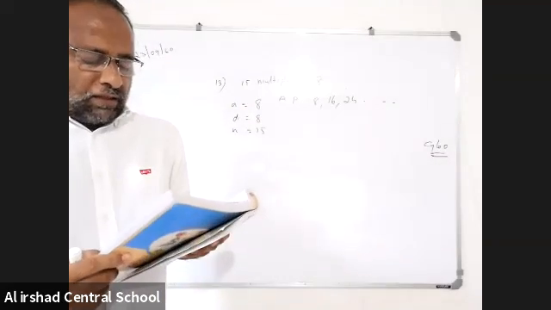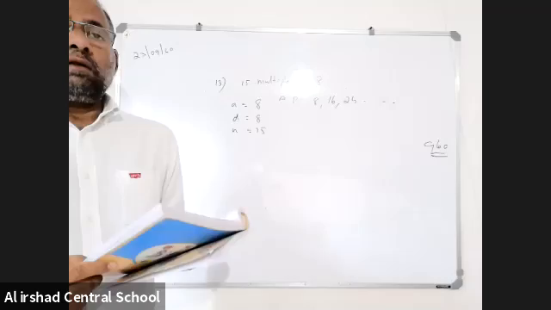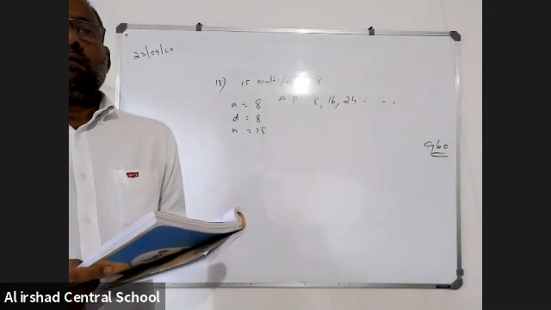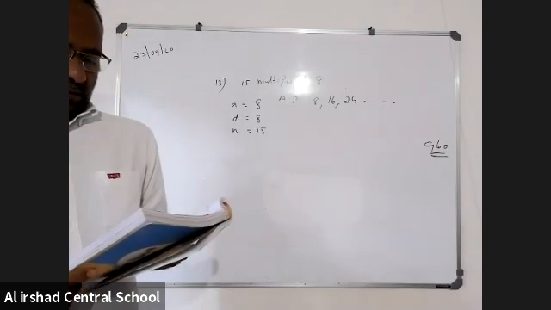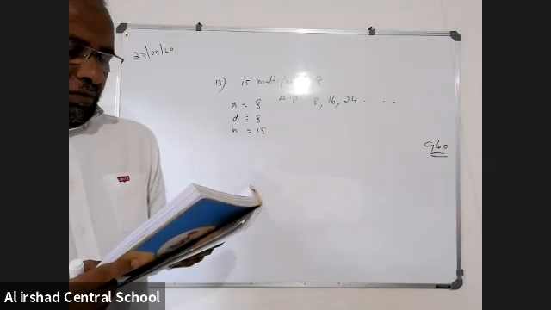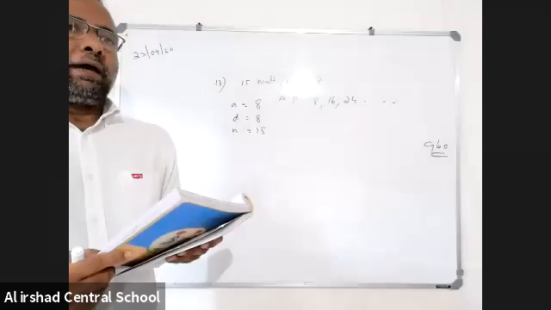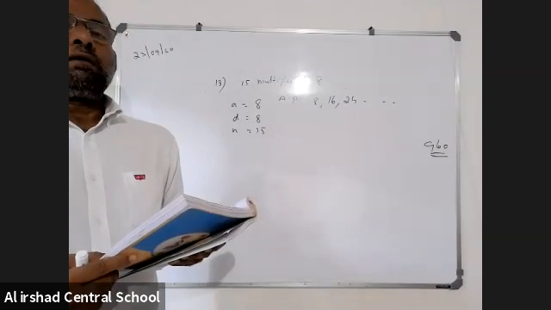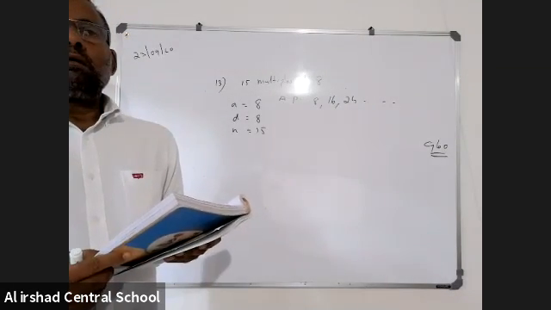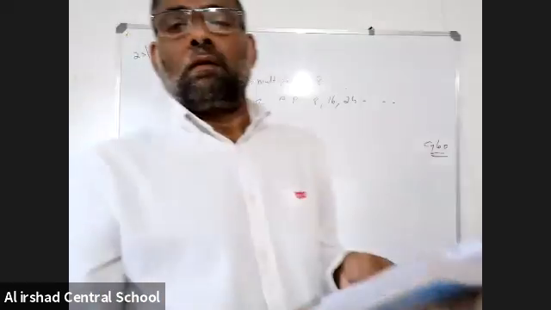Now question 14. Find the sum of odd numbers between 0 and 50. Here, how many terms is not given.